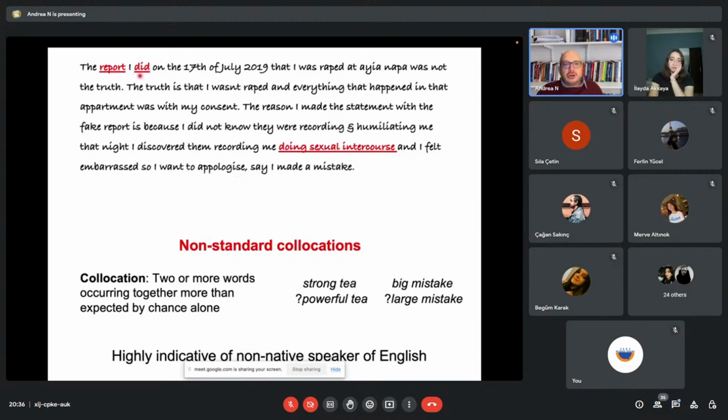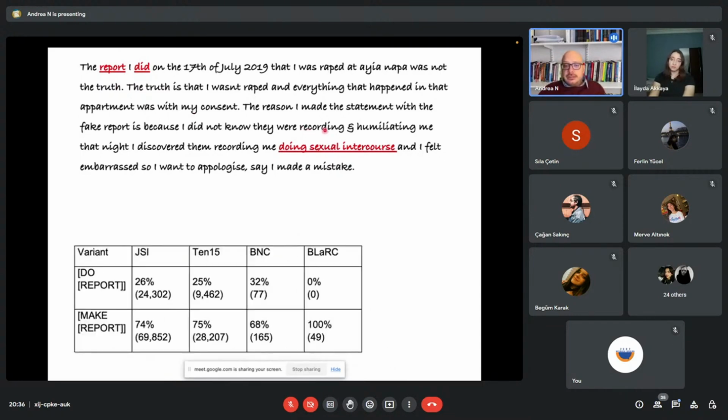Report actually collocates with make, not with do, and sexual intercourse collocates with have and not with do. And we can verify that, so we don't have to use our intuition. So if we take a corpus, actually here you see a bunch of corpora.